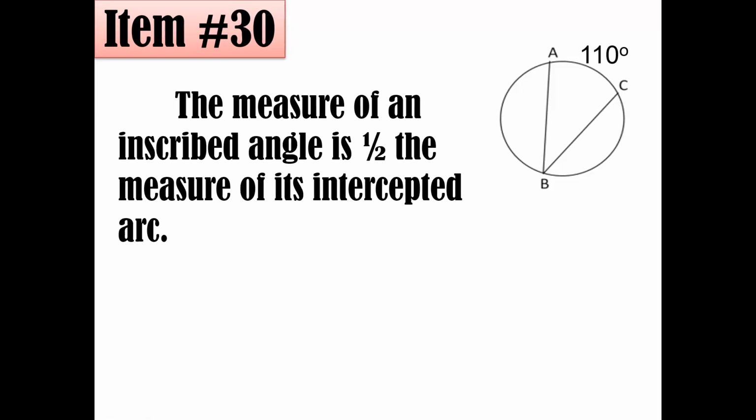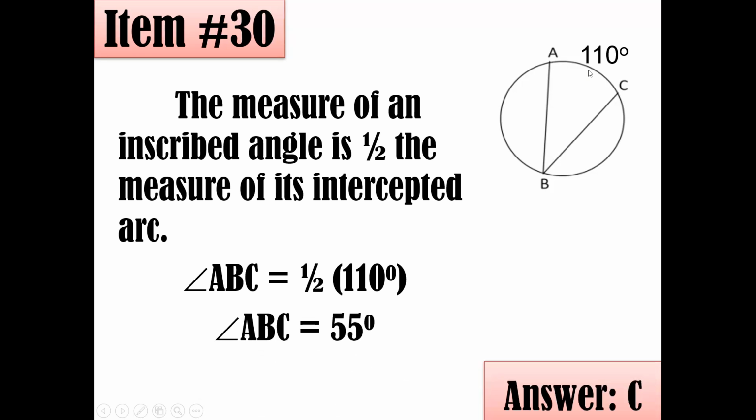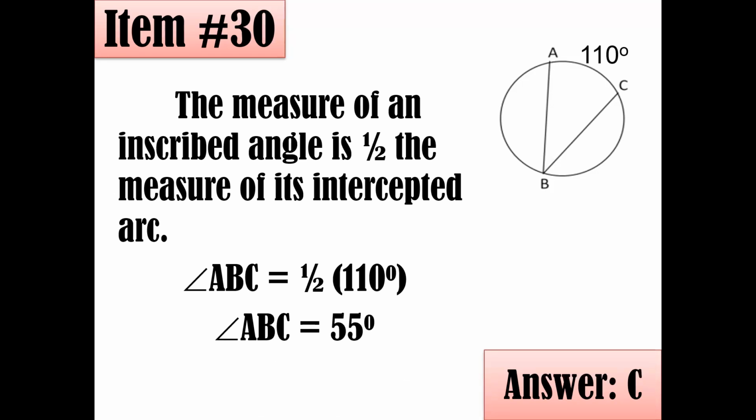We have a theorem that the measure of an inscribed angle is 1/2 the measure of its intercepted arc. Therefore, its intercepted arc is 110 degrees, and its measure should be 1/2 of that, which is 55 degrees. So angle ABC is 55 degrees. Letter C.